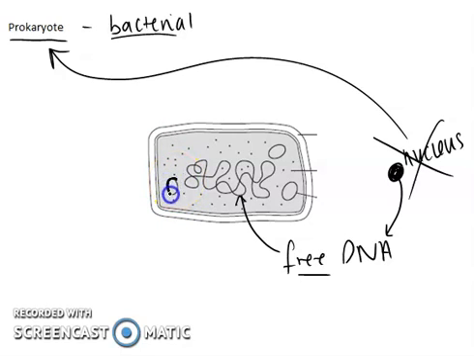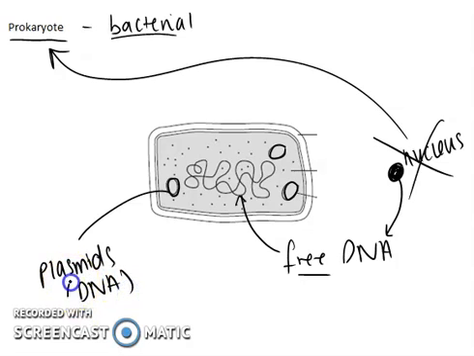We've also got another structure, and you can see we've got 3 of them in this diagram. These are called plasmids. Now, plasmids are a type of DNA, an extra piece of DNA. So in addition to the DNA that the bacterial cell has, it also has a plasmid.